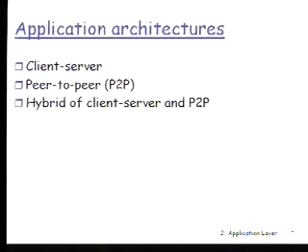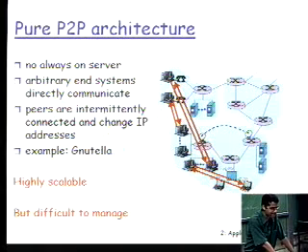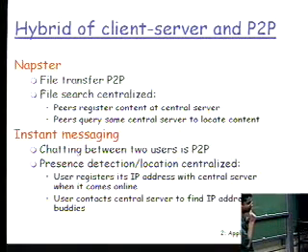Application architectures we have seen earlier. We have the client server architecture, we have the peer-to-peer architecture. Then there's a hybrid architecture, which is a hybrid of client server and P2P. Client server architecture and pure P2P we have also seen. The hybrid of client server and P2P is the Napster model or the instant messaging model.